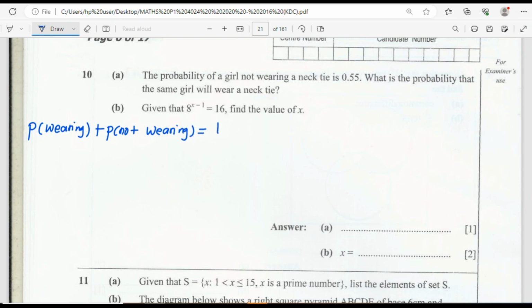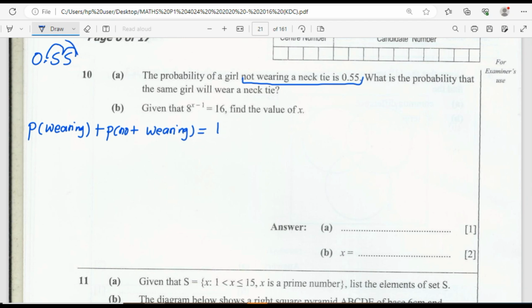So what is the probability of not wearing? We are given 0.55. If you are good with decimal numbers, you can just take it as a decimal, or if you want, you can convert it to a fraction. So maybe let's convert this to a fraction, it may be easy. So 0.55, how many decimal places do we have? We have 1, 2.